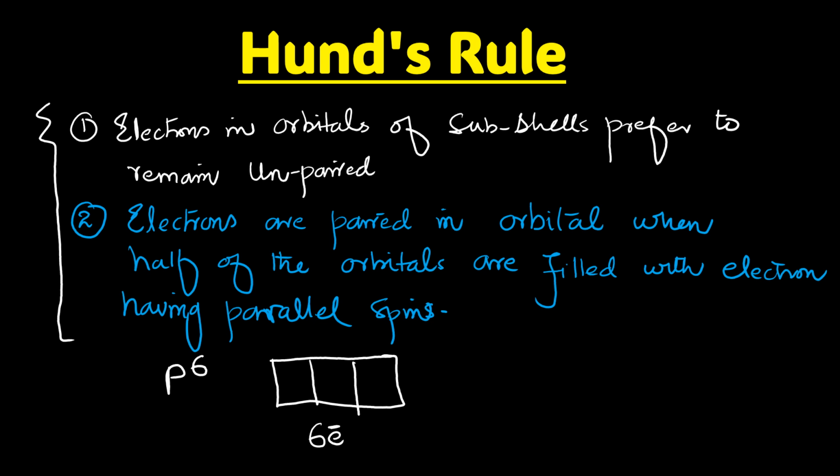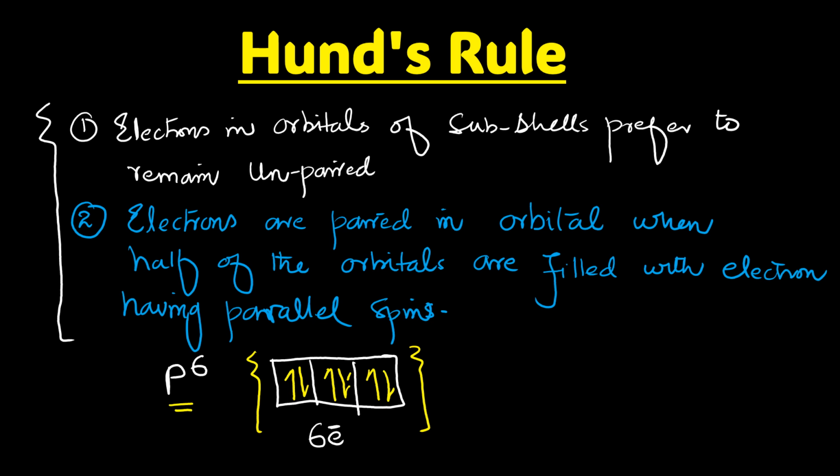According to Hund's rule, first these orbitals will be filled by electrons with a parallel spin. When the electrons with parallel spin have filled the p orbitals, the next 3 electrons will be in opposite spin to the previous electrons, like this. In this way, the electrons will pair inside the p orbitals of an atom.